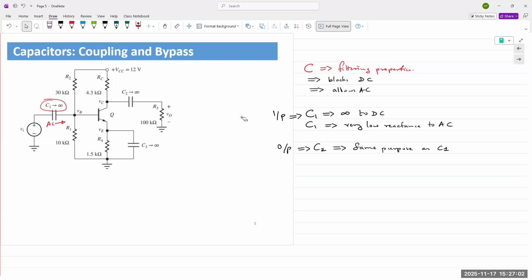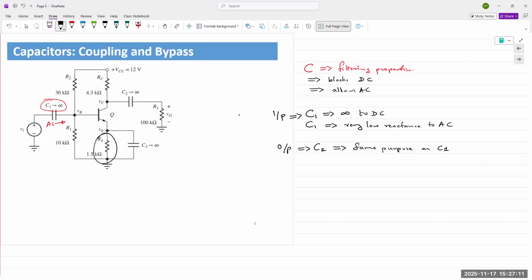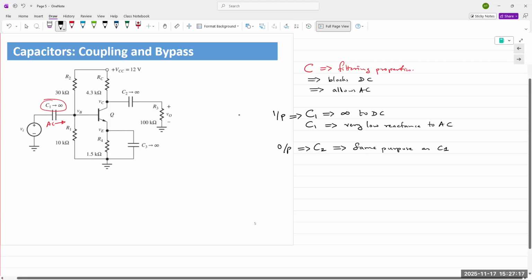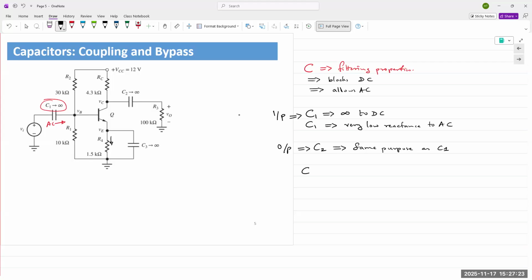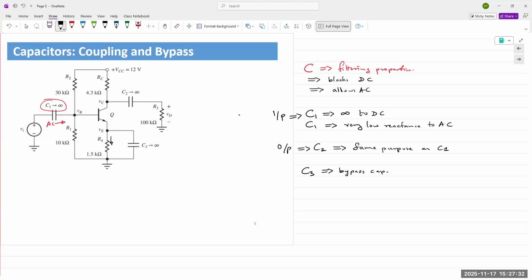So if current's flowing through here, it is going to be fixed. But if an AC signal arrives, it's going to change the bias. So we don't want any AC current flowing through here to affect our DC bias. And so C3 is used as a bypass capacitor. It blocks the DC, so it doesn't affect the bias point. Plus, it allows a pathway for the AC to flow through directly to ground, so it does not affect the biasing circuit.